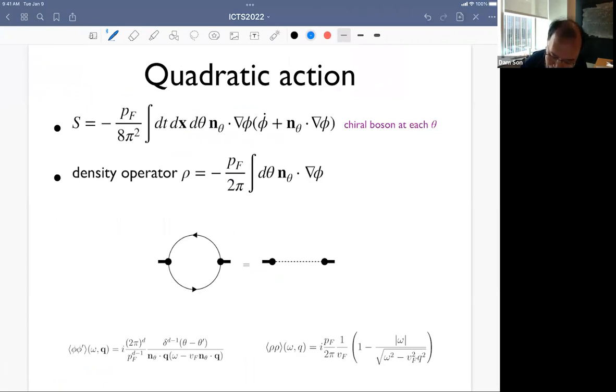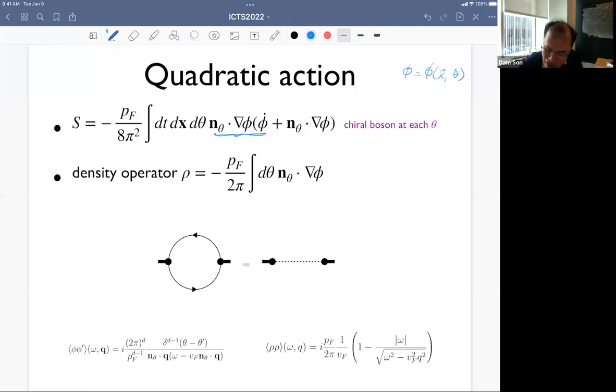This action, this Wess-Zumino-Witten term, is this term, phi dot times n gradient of phi. So n is along the momentum. So phi is a function of x and theta, and n is the vector along the direction theta.